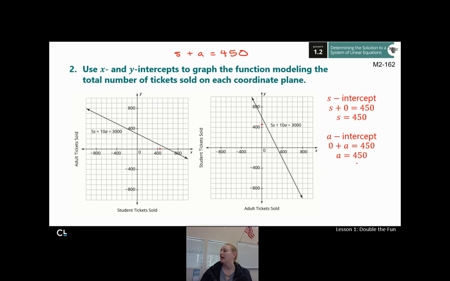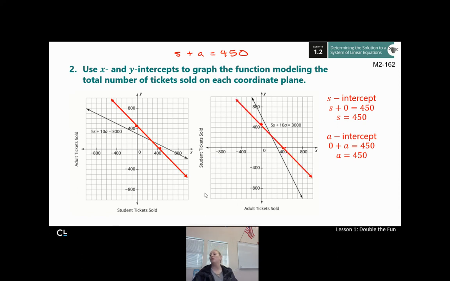My A-intercept, oh, it's also 450. So for Y, adults are Y here, so 450 will be right about there. And X is my adults over here, so 450 again, be right about there. And of course, you need to use a nice straight edge to connect your dots.